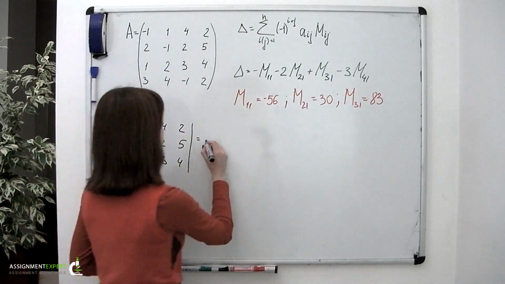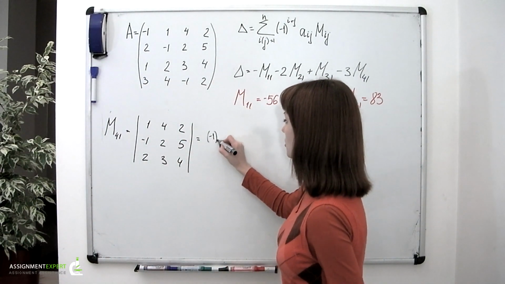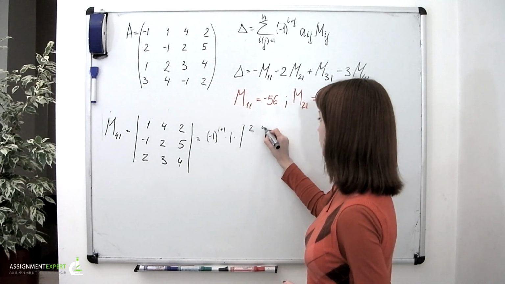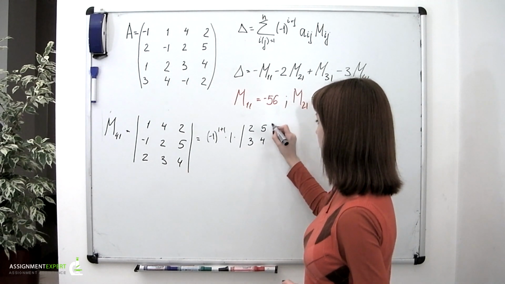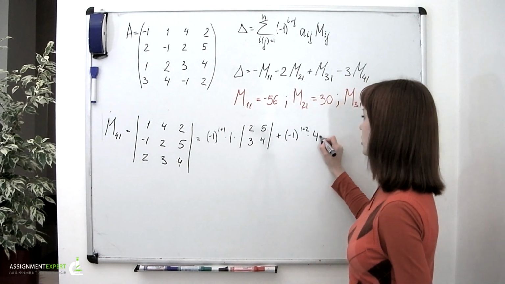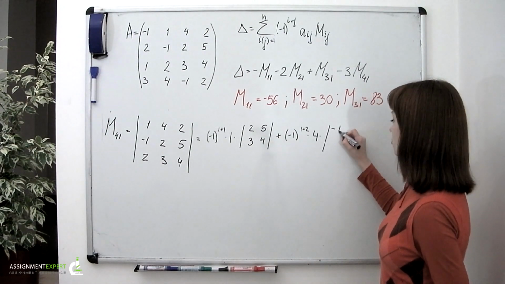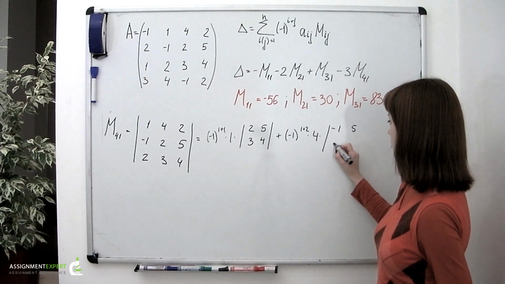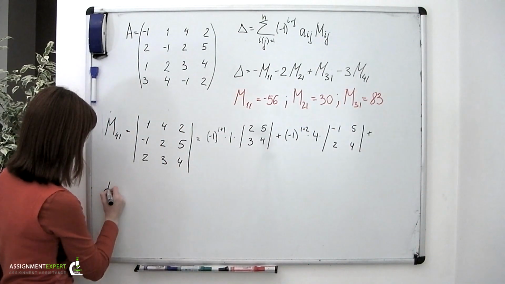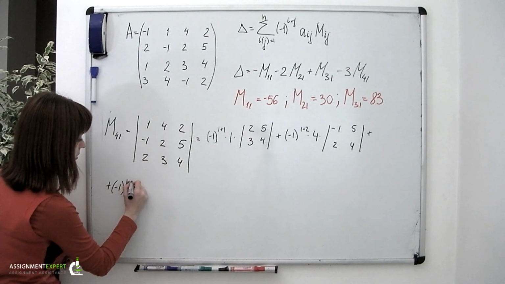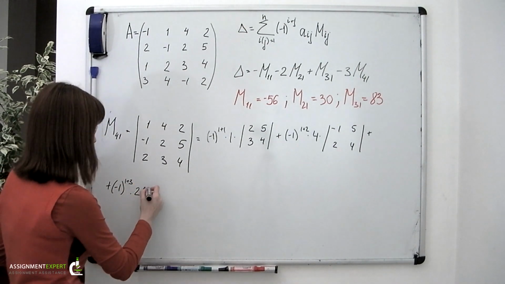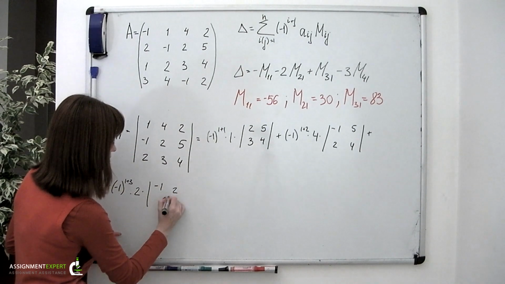And that is equal to negative 1 to the power of 1 plus 1 times 1 times determinant of 2, 5, 3, 4 plus negative 1 to the power of 1 plus 2 times 4 and times determinant of negative 1, 5, 2, 4 and plus negative 1 to the power of 1 plus 3 times 2 and times determinant of negative 1, 2, 2, 3.